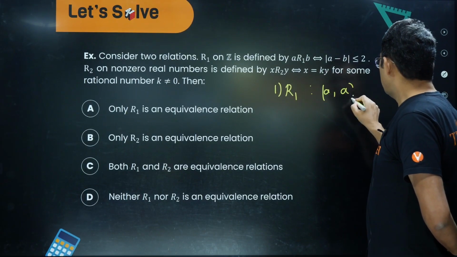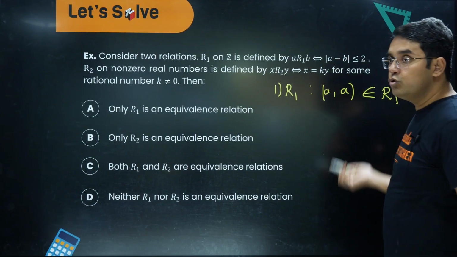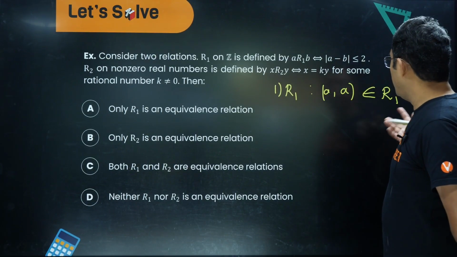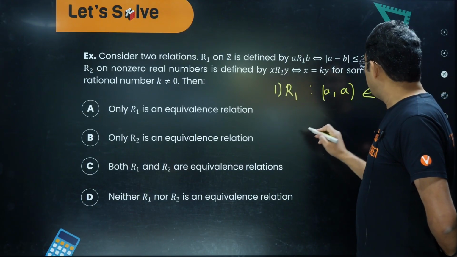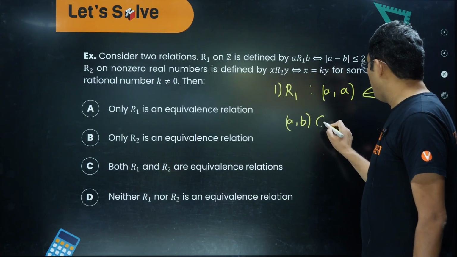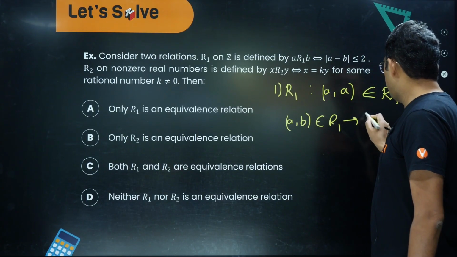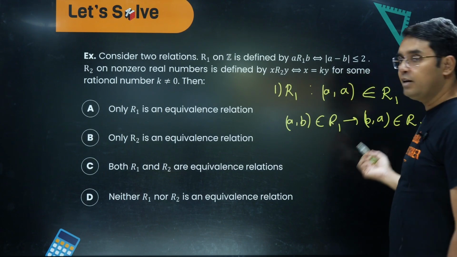Because their difference is actually equal to 0, which is less than or equal to 2. So this relation will be reflexive. Now this relation will also be symmetric, because if (a, b) belongs to R1, then (b, a) will also belong to R1, because the difference will remain the same.